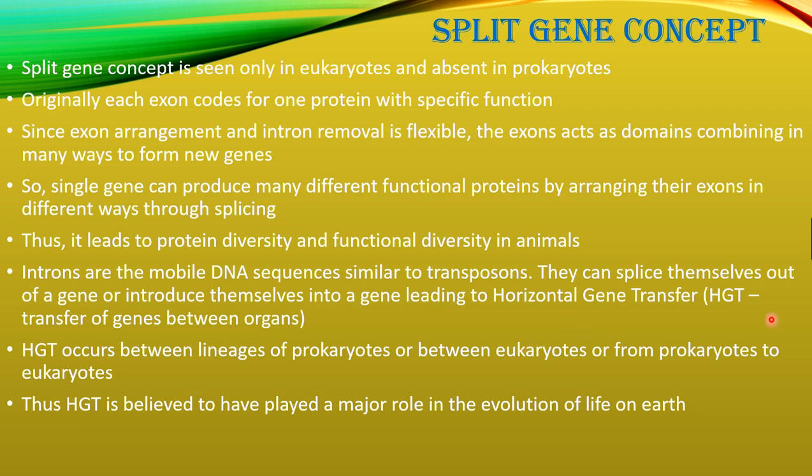For this, horizontal gene transfer is formed. So prokaryote to eukaryote, eukaryote to prokaryote, this genetic lineage results in evolutionary changes in life on earth. Is it clear?